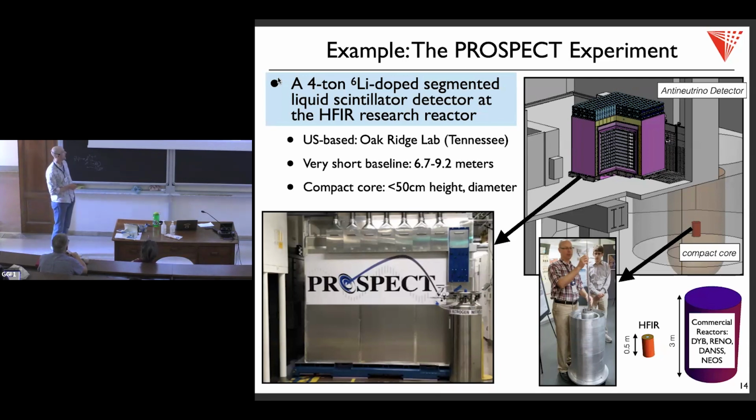So detectors at small reactors like this are going to do better than detectors at large commercial reactors, where the wavelength will be longer. This PROSPECT detector is meters away from an active reactor core.